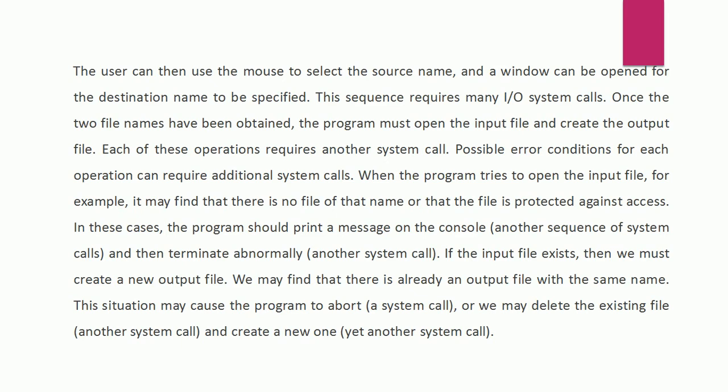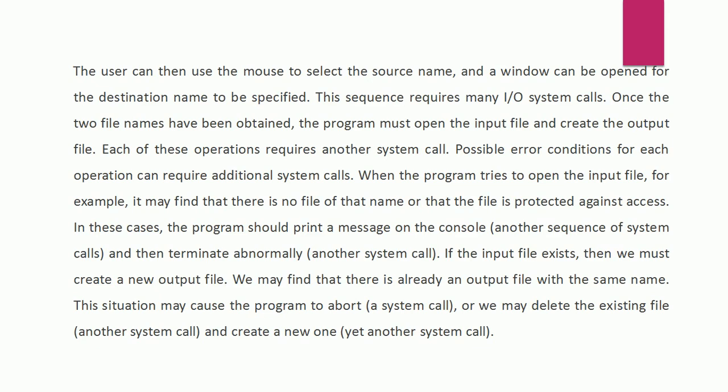When the program tries to open the input file, for example, it may find that there is no file of that name or that the file is protected against access. In these cases, the program should print a message on the console using another sequence of system calls and then terminate abnormally with another system call.